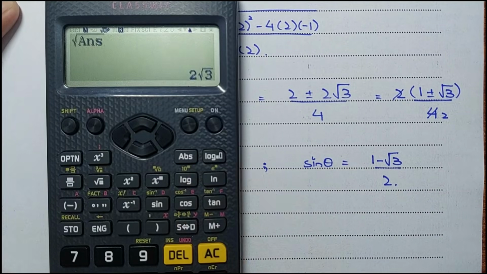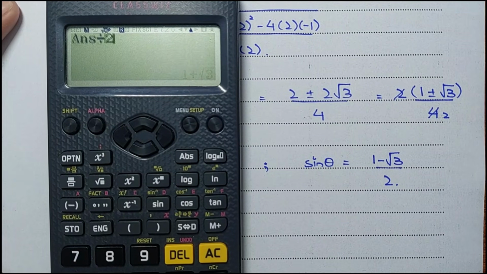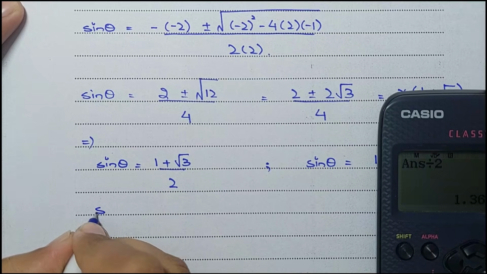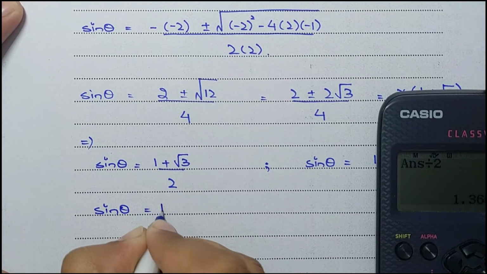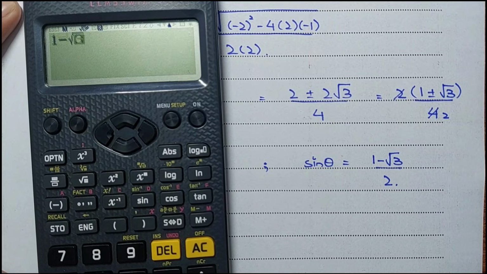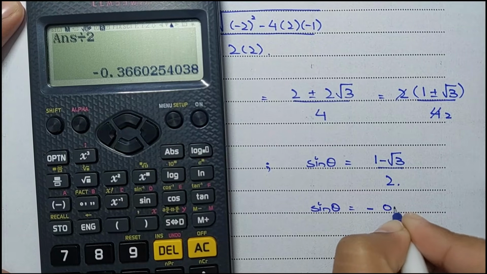Now 1 plus root 3 over 2 is 1.4, so sine theta is 1.4, and 1 minus root 3 divided by 2 gives sine theta as minus 0.4.